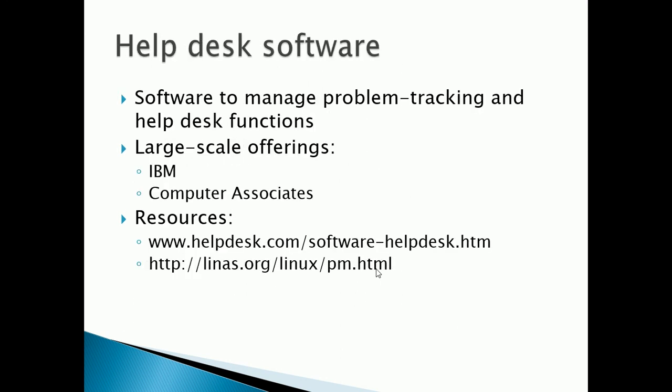There is off-the-shelf software that you can purchase to do a lot of this stuff that I talked about for problem tracking. There's no shortage of vendors out there in the market that have software to manage problems. Help desk software. IBM has a very expensive system that you can buy to do this, but it's also one of the best systems out there, right? But that stuff costs a lot when you buy it from a big company like IBM, Computer Associates.